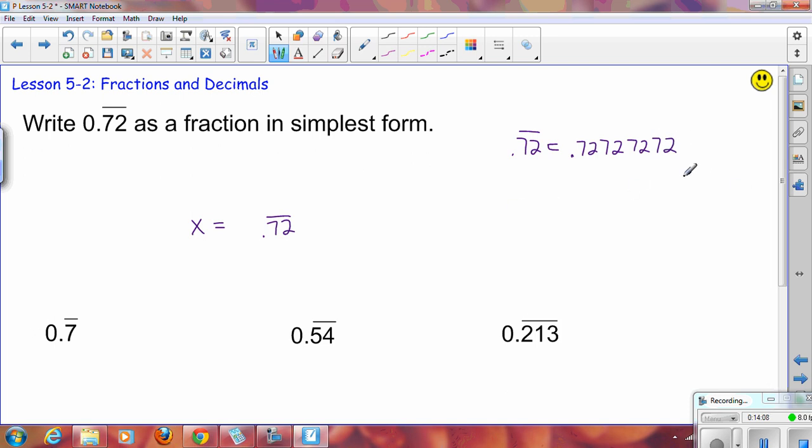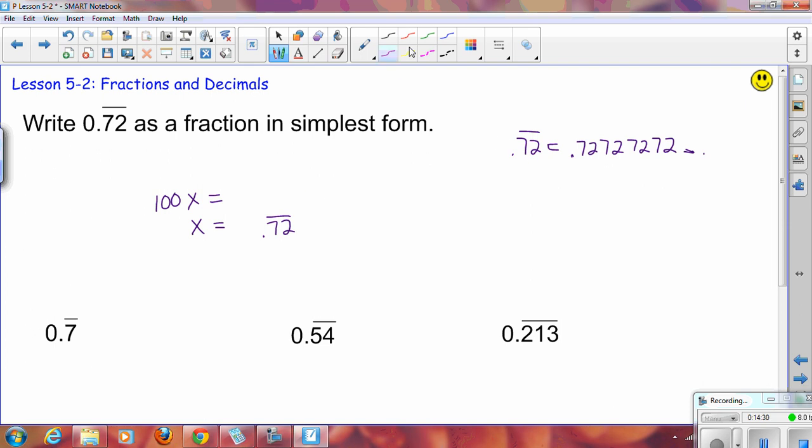And it keeps going, dot, dot, dot, keeps going. I hate when my dots connect. Okay, so how many digits repeat? 2. So I'm going to multiply my x by 100, okay? 2 decimal places, 2 zeros. 100 times x is 100x, right?